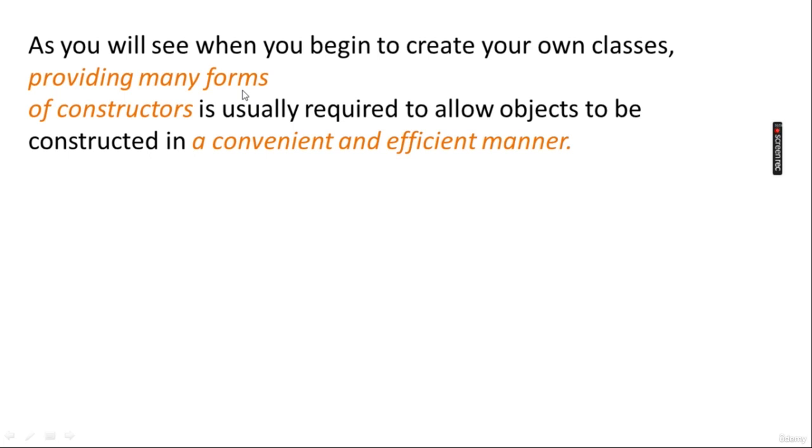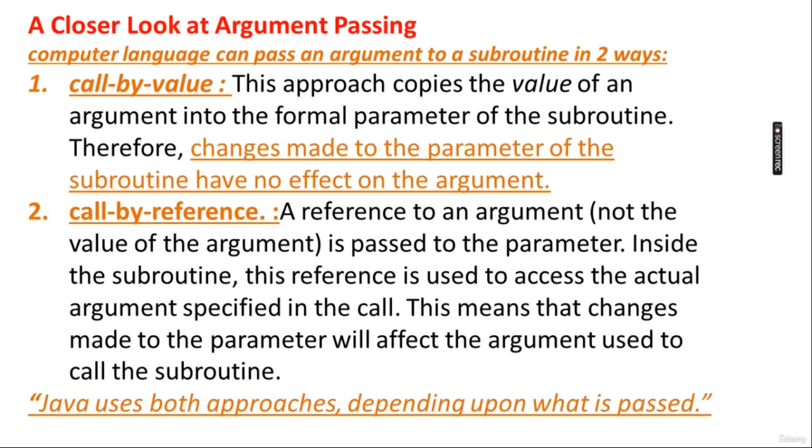So as you go on creating different types of Java applications, providing multiple types of constructor, default constructor, parameterized constructor, and constructor with objects passed as a parameter is actually required to allow objects to be constructed in a convenient and efficient manner.